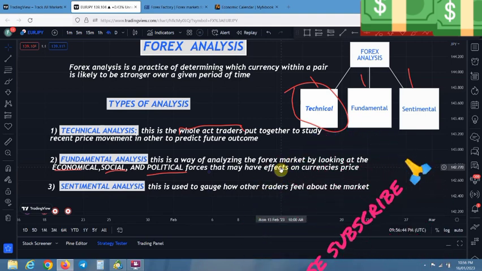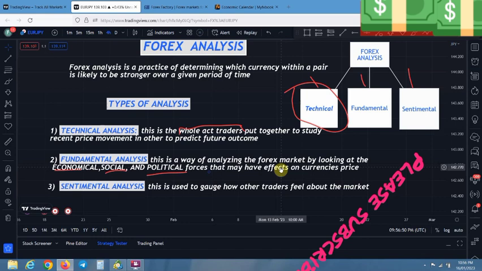That means if you're buying, there's somebody somewhere that is selling at that same price that you're buying, simultaneously. That is the only way that your trade can be executed correctly. So if nobody is available to buy at your price, that means your trade will not be able to be executed, right? So sentimental analysis is just there to check how traders feel about the market.